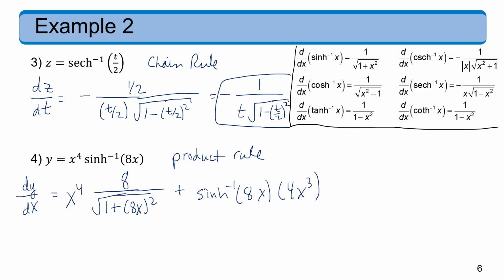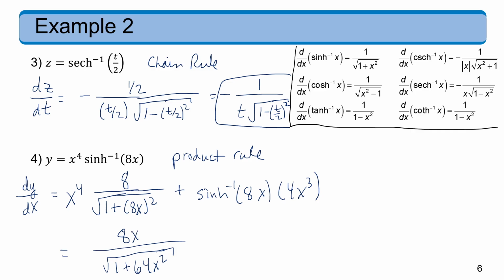Now we'll make this look a little bit better. On the first term, it might look nice to keep the denominator. I guess if you wanted to, you could rewrite 8x in parentheses squared as 64x squared. Now in the numerator, I would just move the x to the 4th up with the 8.